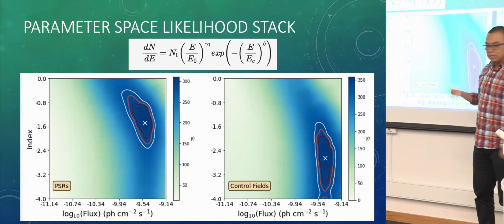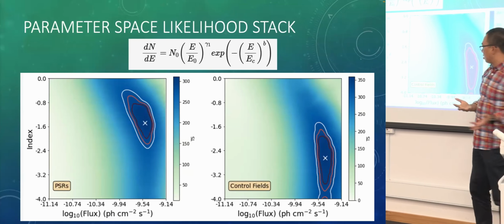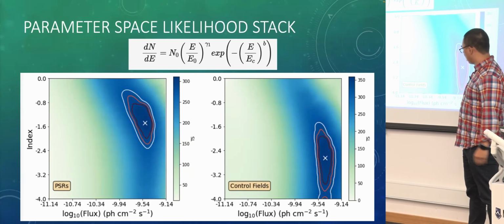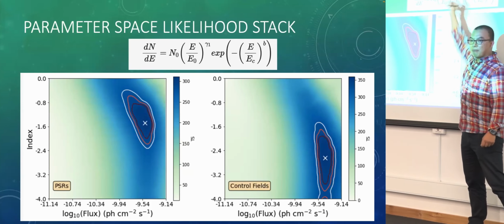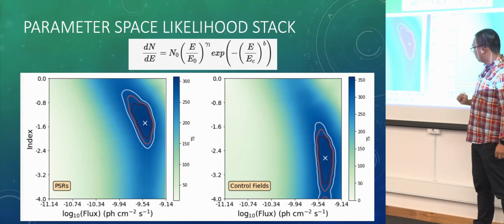And we did all of the analysis that I mentioned earlier in parameter space. So the parameters are chosen to be the gamma-ray flux and the power law index before the cutoff.